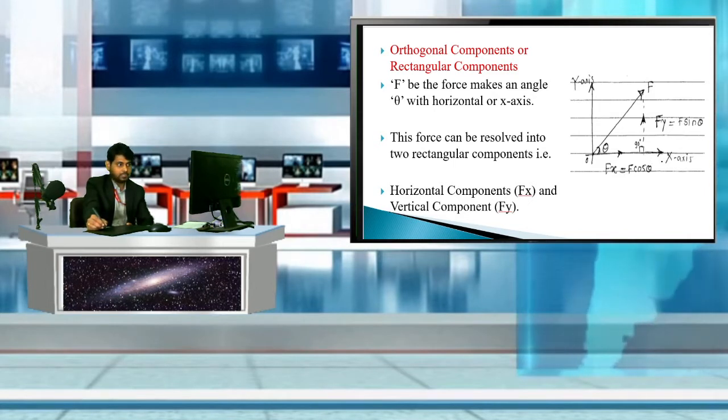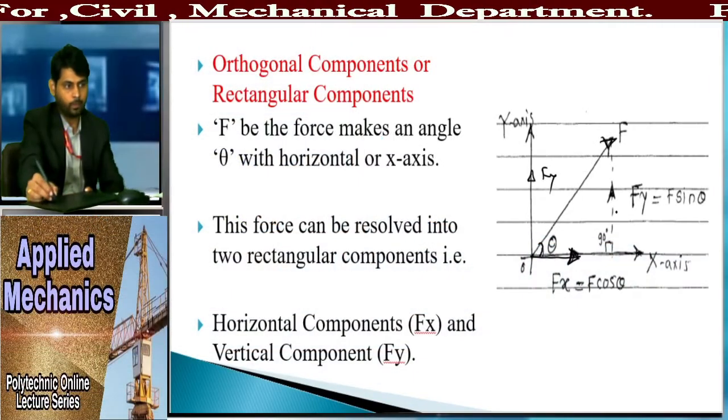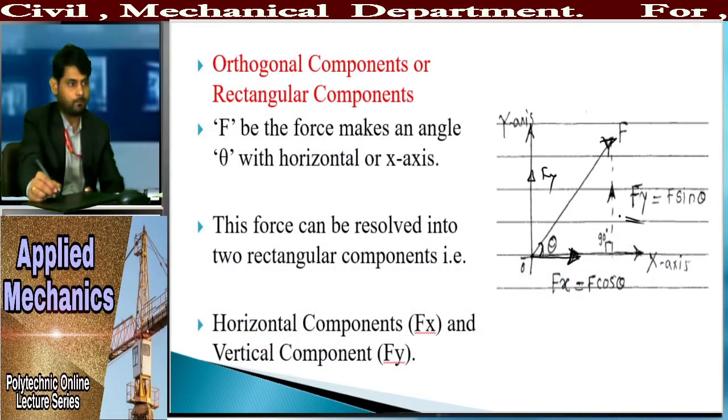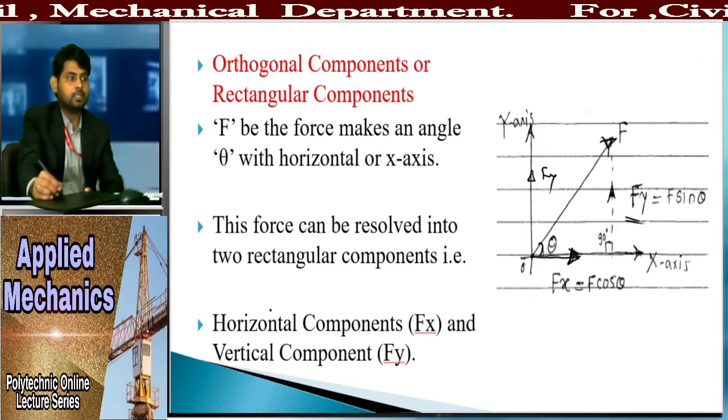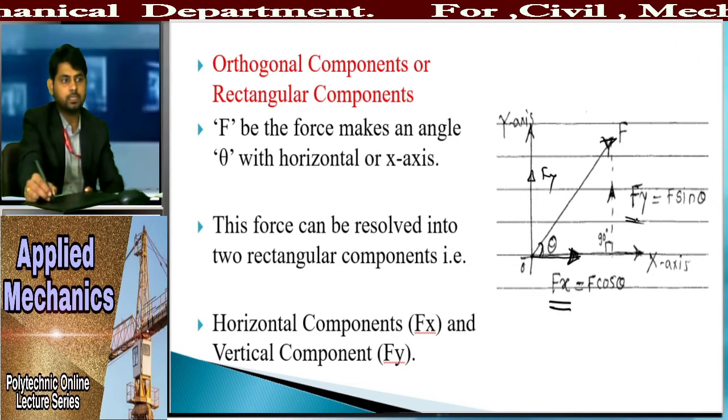Now, this force can be resolved into two rectangular components: the first is along the horizontal, this Fx, and the second is Fy. So the horizontal component is Fx and the vertical component is Fy.